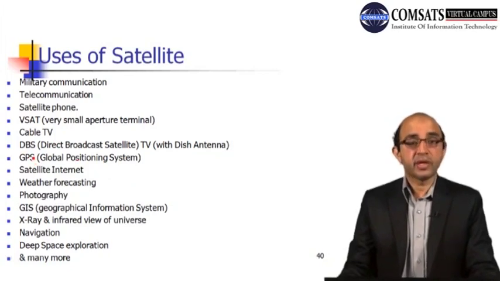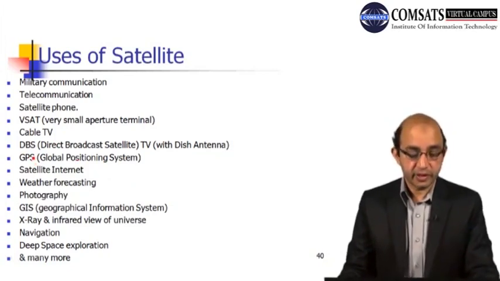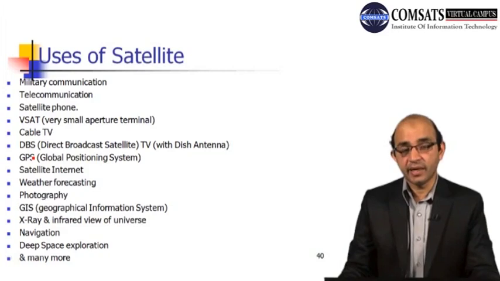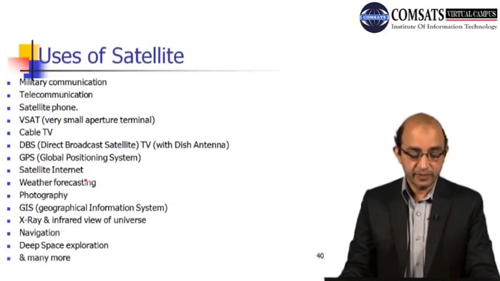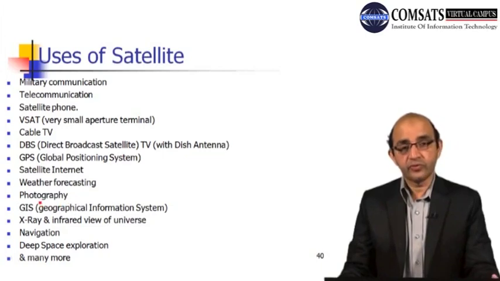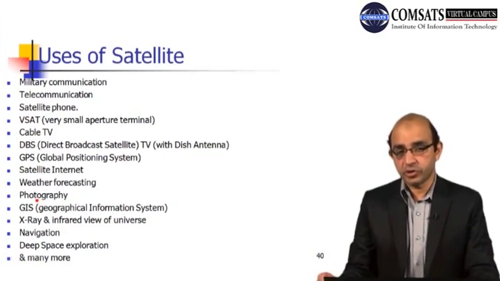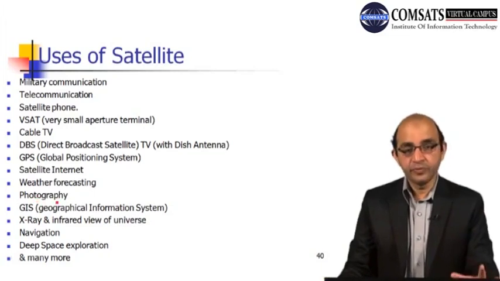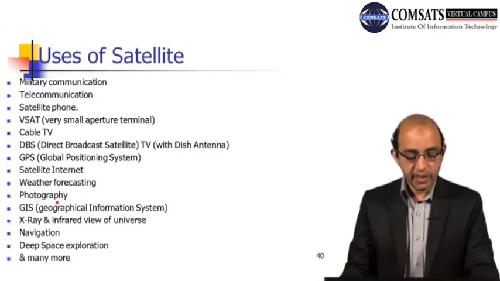We can also have a global positioning system, and we need 3 satellites in order to calculate the position exactly and correctly. Then we can also have satellite internet, weather forecasting, and of course if we want an aerial view of some area, or there is some emergency situation, for example earthquake or flood, we can have the aerial view of the area by using satellite communication.